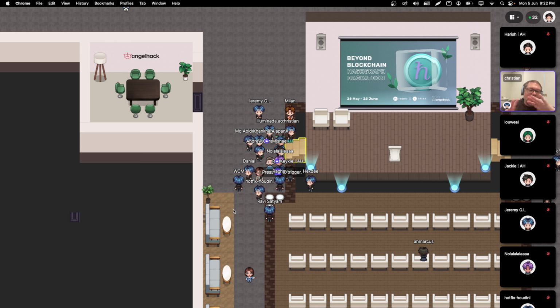I'll give you an example. So we have a nascent and growing DeFi ecosystem on Hedera. It started about a year ago and it's growing really well. But there's no lending market on Hedera, for example.